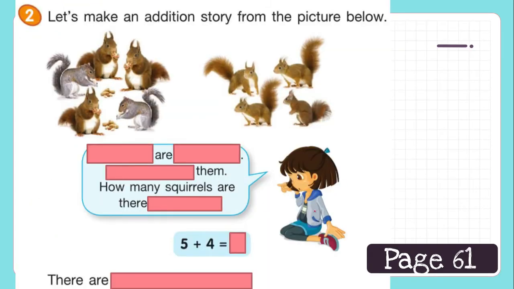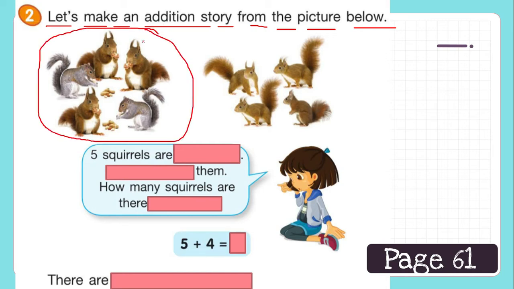Okay, let's go to page 61. Let's make an addition story from the picture below. We're going to imagine. What animals are these? These are squirrels. How many squirrels are on your left side? We have here one, two, three, four, five.